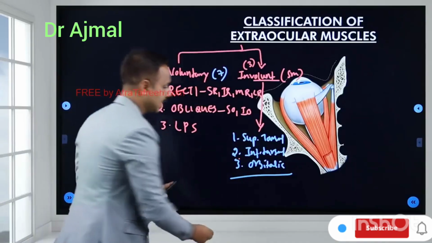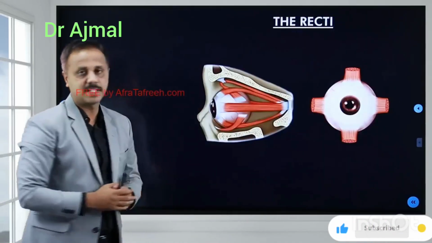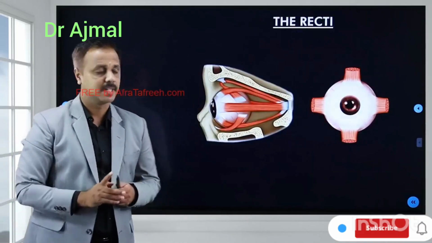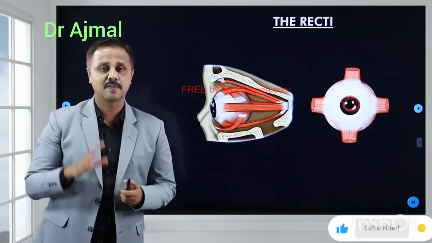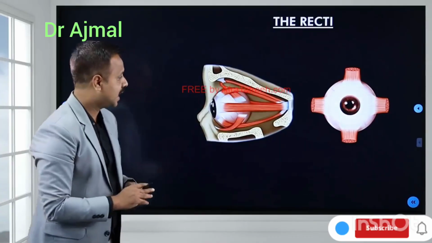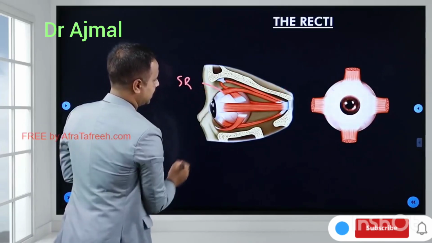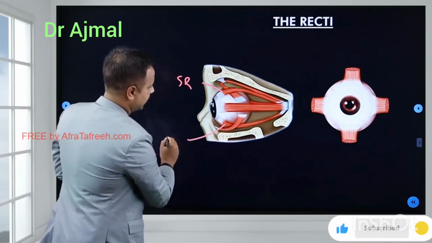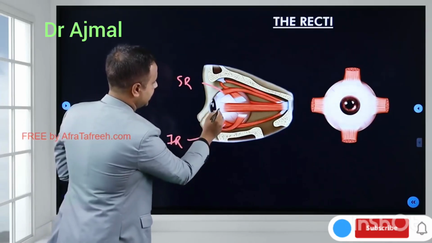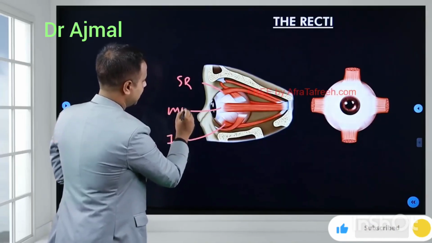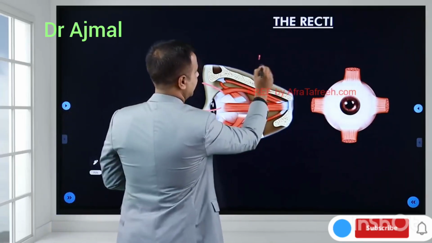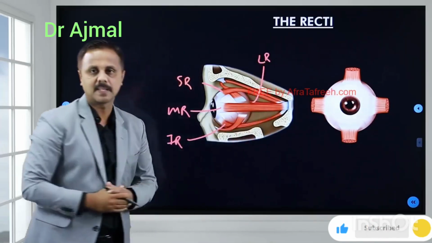Right? Let's begin with the discussion of recti. The rectus muscles are 4 in number as we mentioned. We'll identify this. This is the superior rectus. Then we have the inferior rectus. Let's say this is the medial rectus. And finally, we have the lateral rectus. Right?